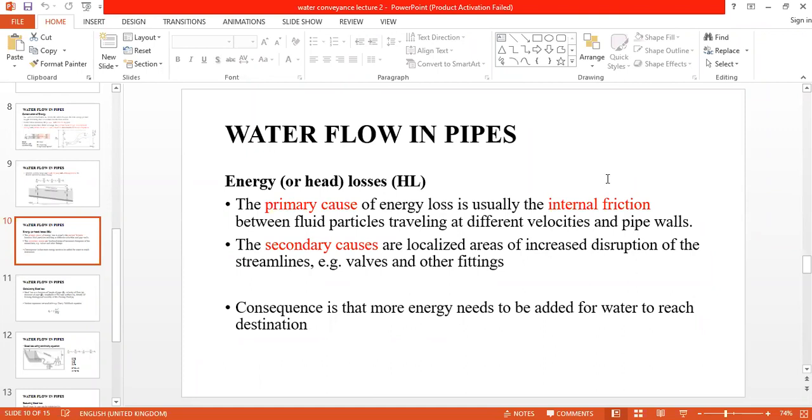But the primary one is the surface of the pipe. So if your pipe has a rough surface, it means that you have a lot of friction. But if it has a smooth surface, it means that water will not have a lot of challenges flowing through that pipe.